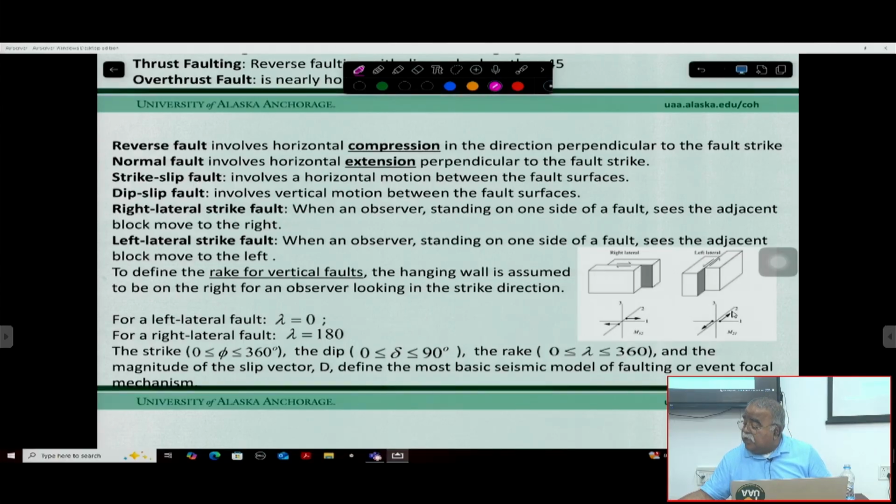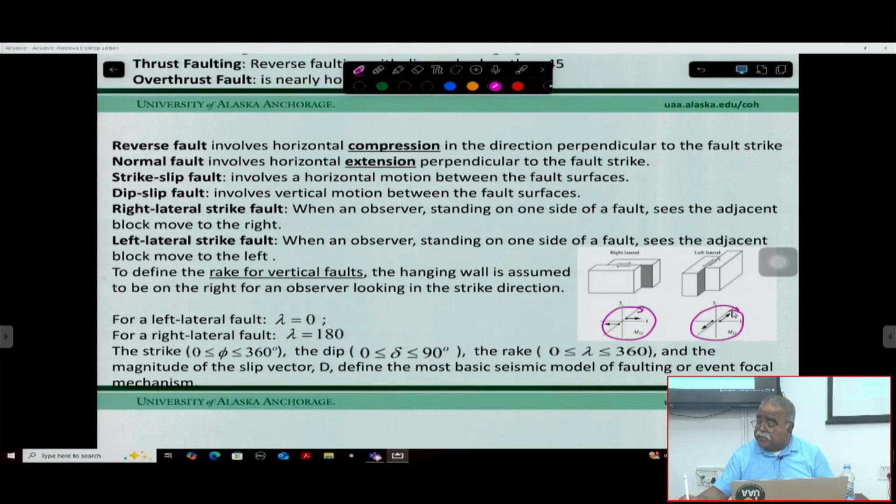If you look at it in a moment diagram, this is one like this, and if it is this movement, then it will be like this, right? So this is the moment diagram for the left lateral, and this is your right lateral.